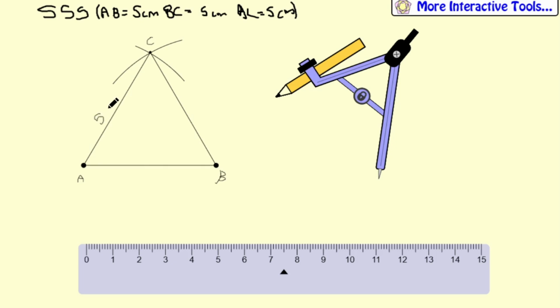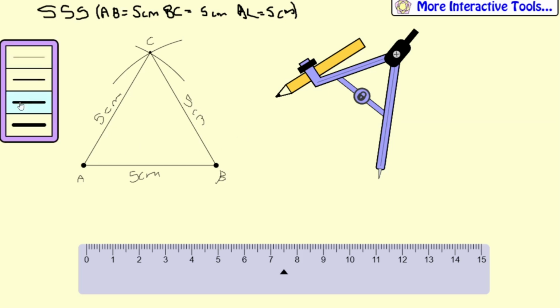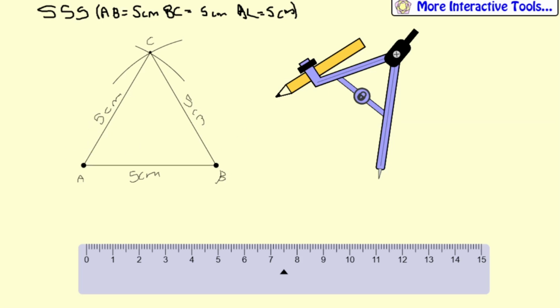So 5 centimeters, 5 centimeters, 5 centimeters. Alright, then we'll darken the important lines using the ruler and the pencil. And the important lines would be all the lines of the triangle and all the sides, except for the compass marks.